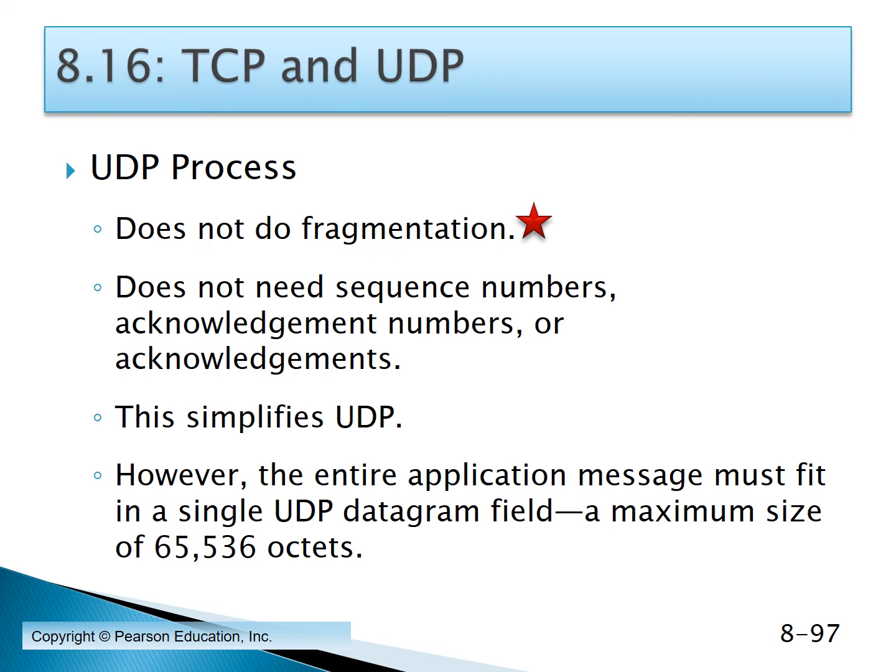The entire application message must fit into a single UDP datagram, which has a maximum size of 65,000 bytes. So normally you have to handle this at your application level, deciding how to send the message within 65,000 bytes.